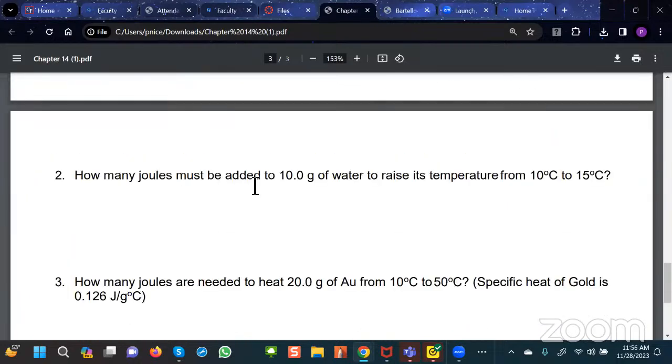It's asking how many joules must be added to 10.0 grams of water to raise its temperature from 10 degrees to 15 degrees. Now that's very simple based on what we covered in an earlier chapter, chapter 10. So what equation do you think you should use for this particular problem? Anybody?